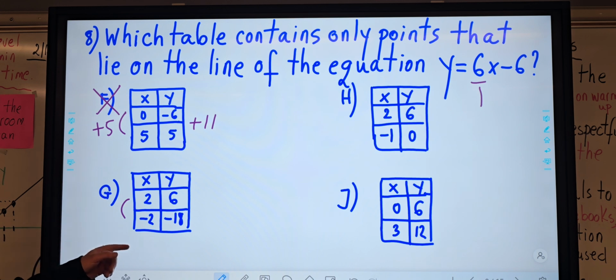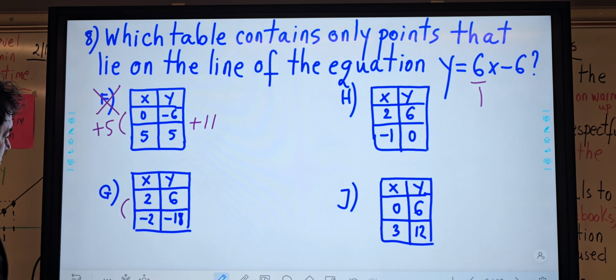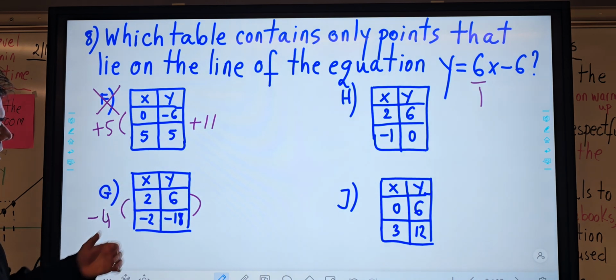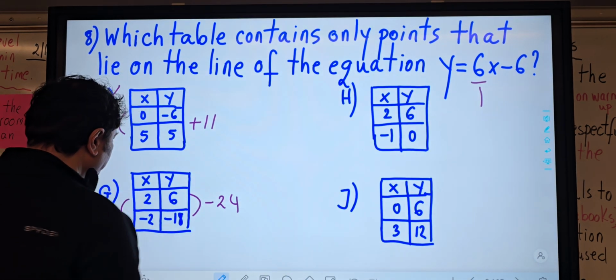From 2 to negative 2, right? We are actually going down, okay? So from 2 to 0, we have 2, and then now negative 2, so minus 4. That's the pattern. And here we have from 6 to negative 18, okay? So from 6 to 0 is 6, okay? So negative 18, plus 6 becomes negative 24.